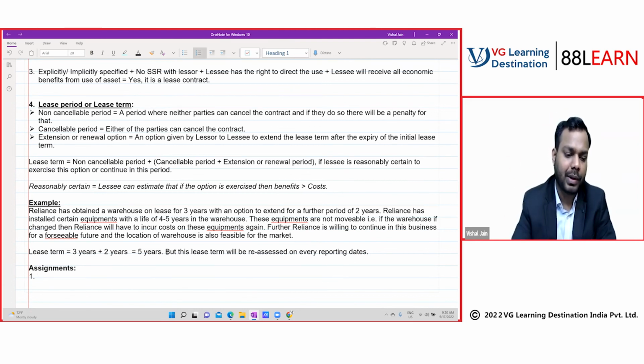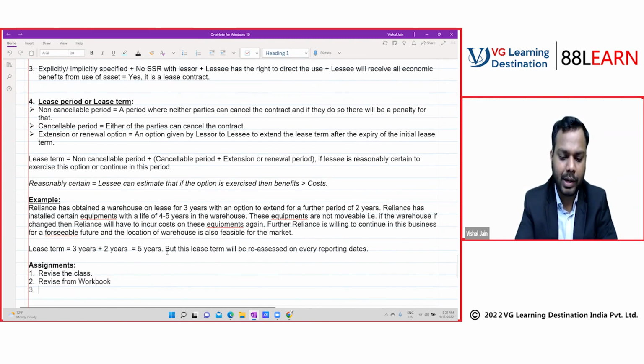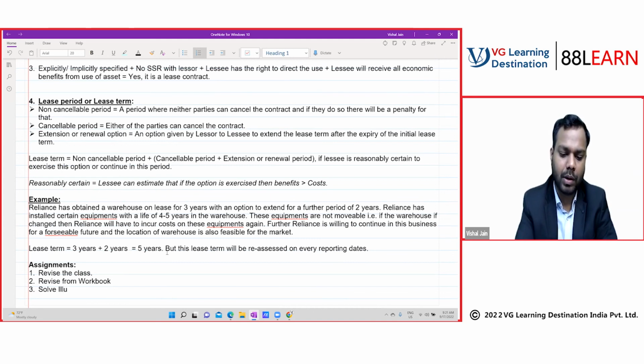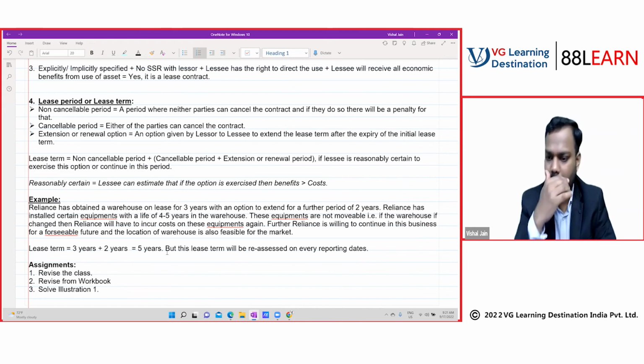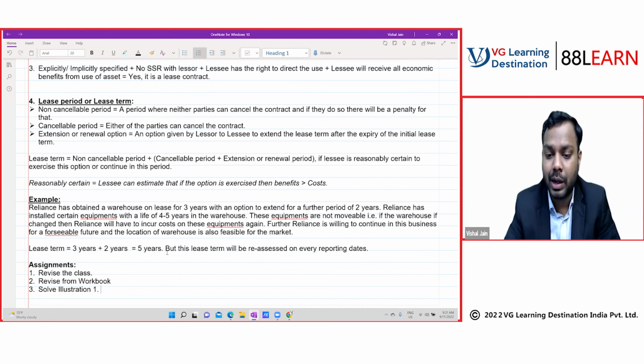Assignments. First one, you have to revise the class, revise from the workbook, and then third, solve illustration one. It can be every reporting date or whenever there is a change in circumstances which makes us believe that it is no more reasonably certain.